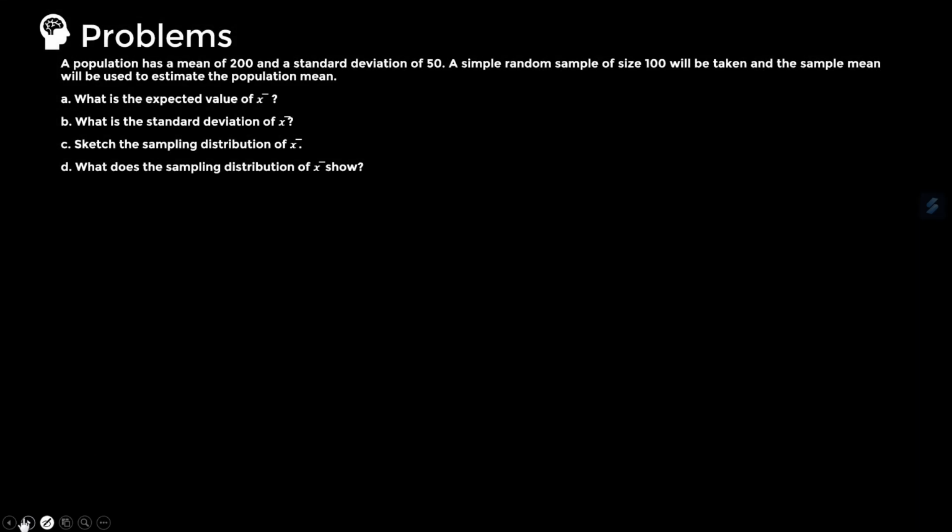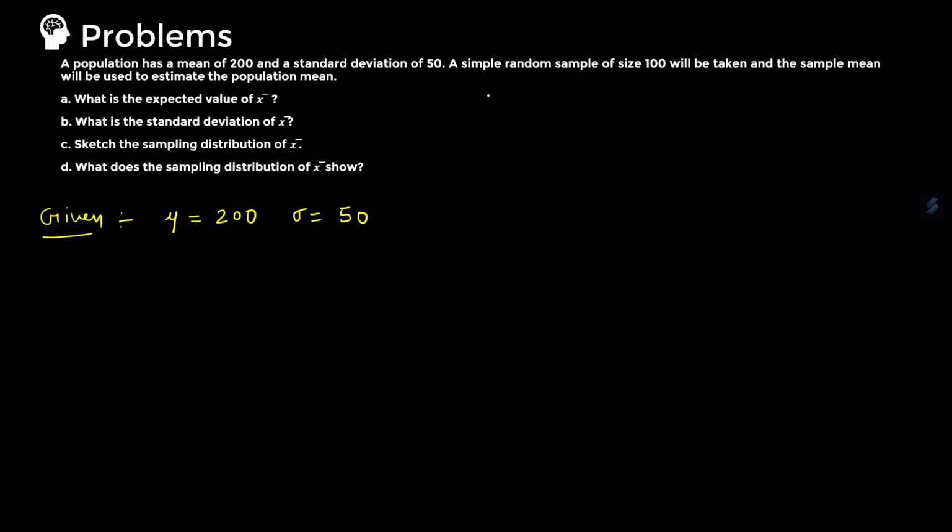Let's understand this first problem in our case. The question says that a population has a mean of 200 and a standard deviation of 50. Let's write this given information. We have population mean, which we will denote by mu, and we have standard deviation as 50.